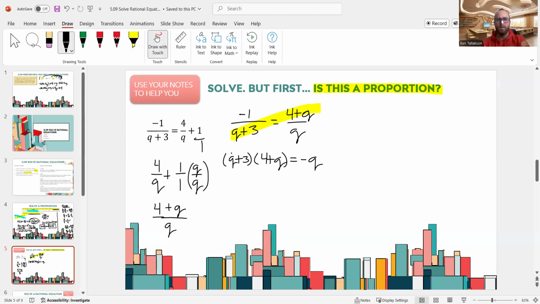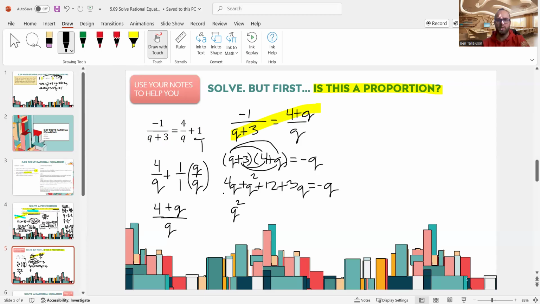Now, we again are multiplying two binomials, so FOIL or box method. The first two terms are q squared. First, outside, inside, last. Now that's an interesting one. Things are out of order. That's okay. We combine like terms and maybe reorder.